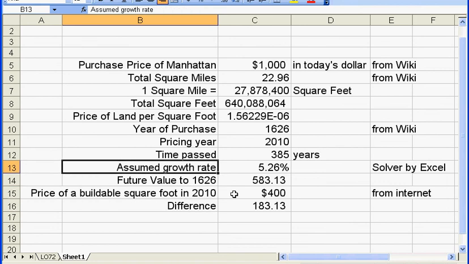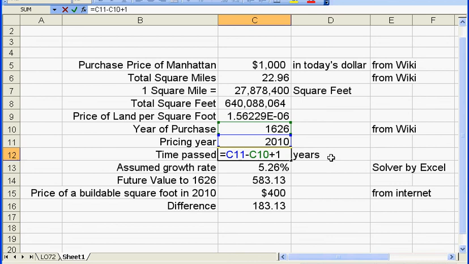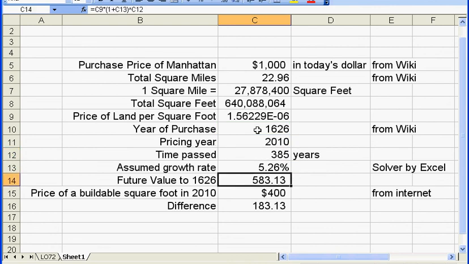The time passed here is exactly as calculated by Excel. It's 2010 minus 1626. I want that year to count also, so I add +1 to it. So it's 385 years.